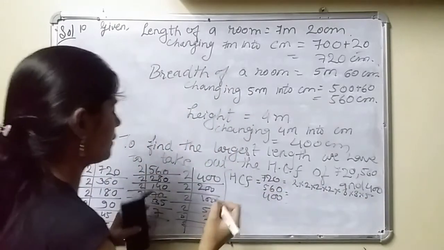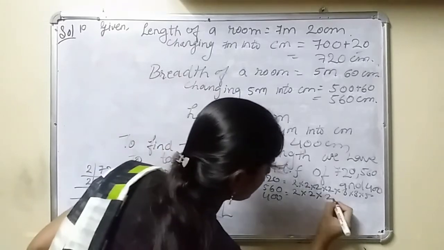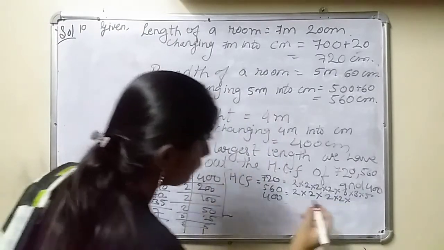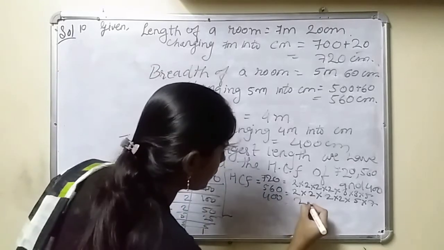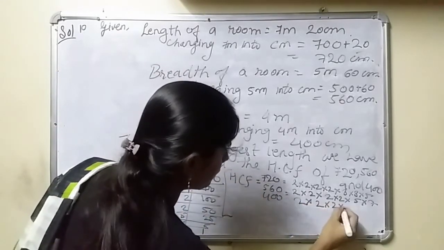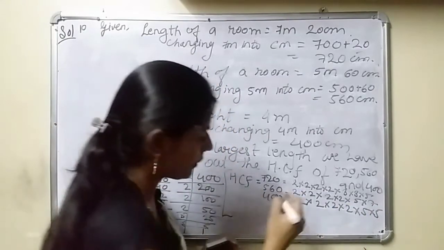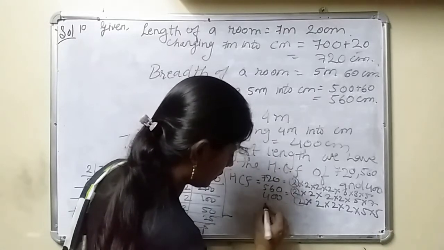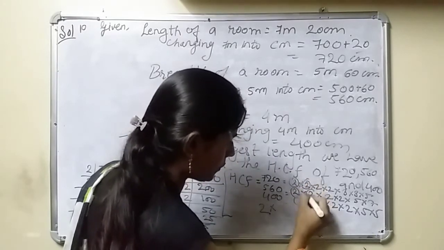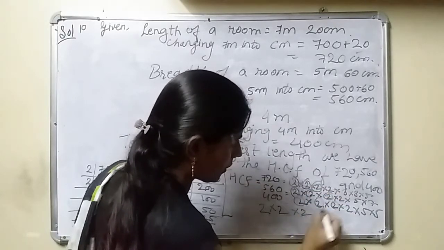Okay, now 560, 2 into 2 into 2 into 2 into 5 into 7. 400, 2 into 2 into 2 into 2 into 5 into 5. Now see which are the common factors here. 2, again 2, again 2, again 2.